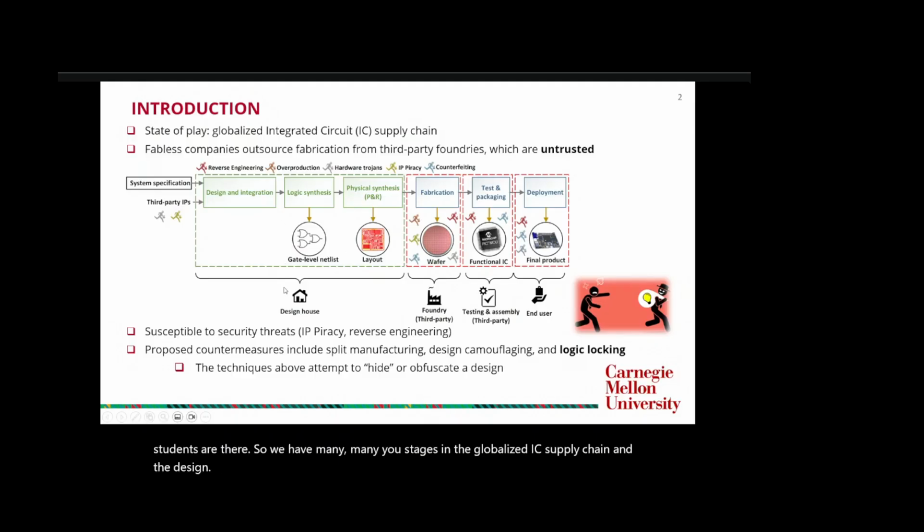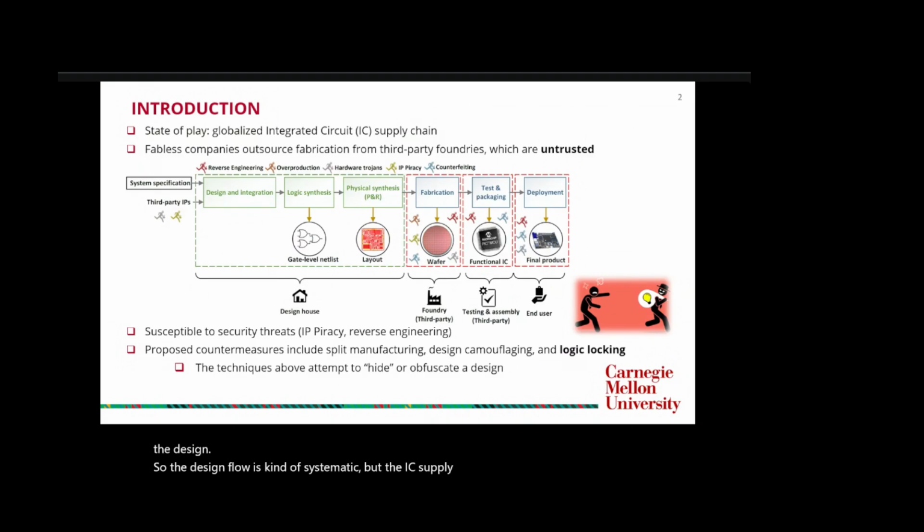The design flow is kind of systematic, but the IC supply chain involves multiple entities, right? So when the design is sent, we have a lot of control. But when the design is sent to the foundry, we don't have any control. I cannot go to Taiwan and see what these guys are doing, right?